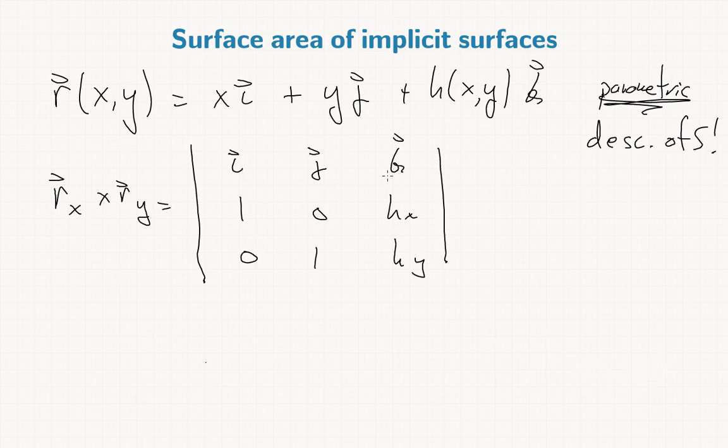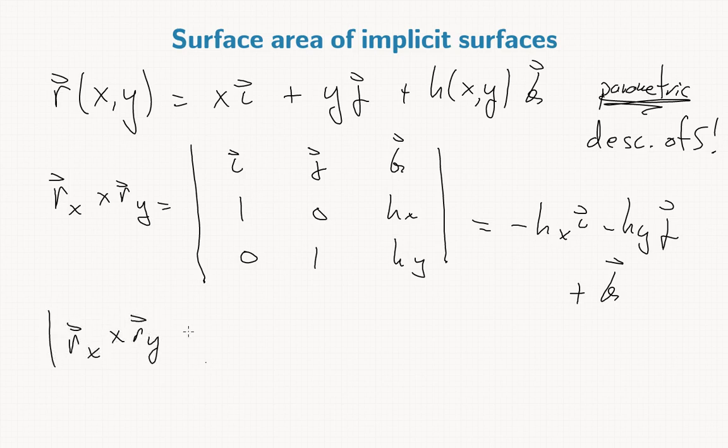Which is, let's see, so this will be negative hx i, then minus hy j, and then plus k. So the magnitude of Rx cross Ry is root 1 plus hx squared plus hy squared.